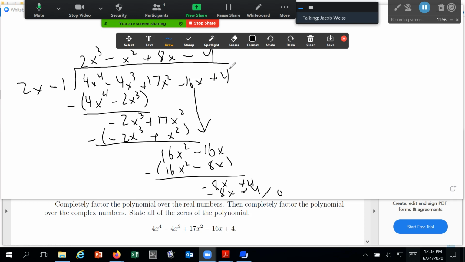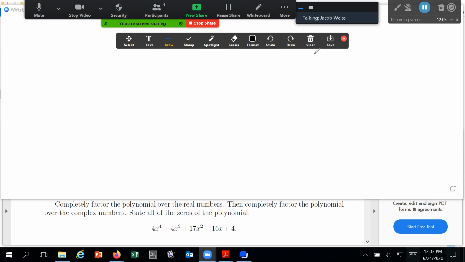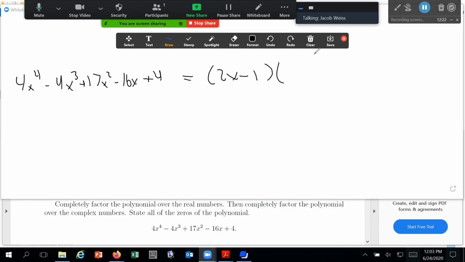So we can conclude then that, there's my paper. Sorry about that. 4x to the fourth minus 4x cubed plus 17x squared minus 16x plus 4 is equal to 2x minus 1 times 2x cubed minus x squared plus 8x minus 4.